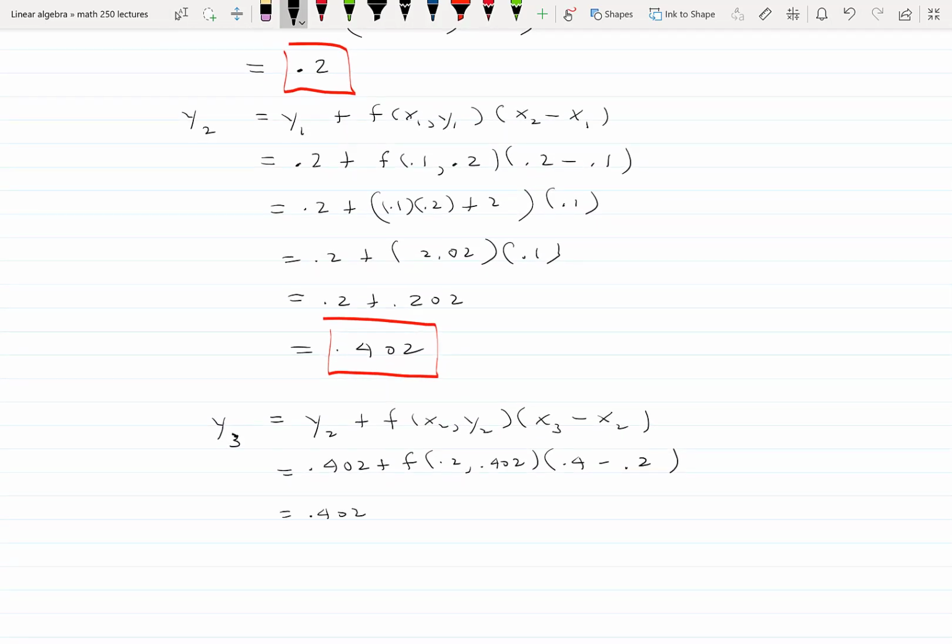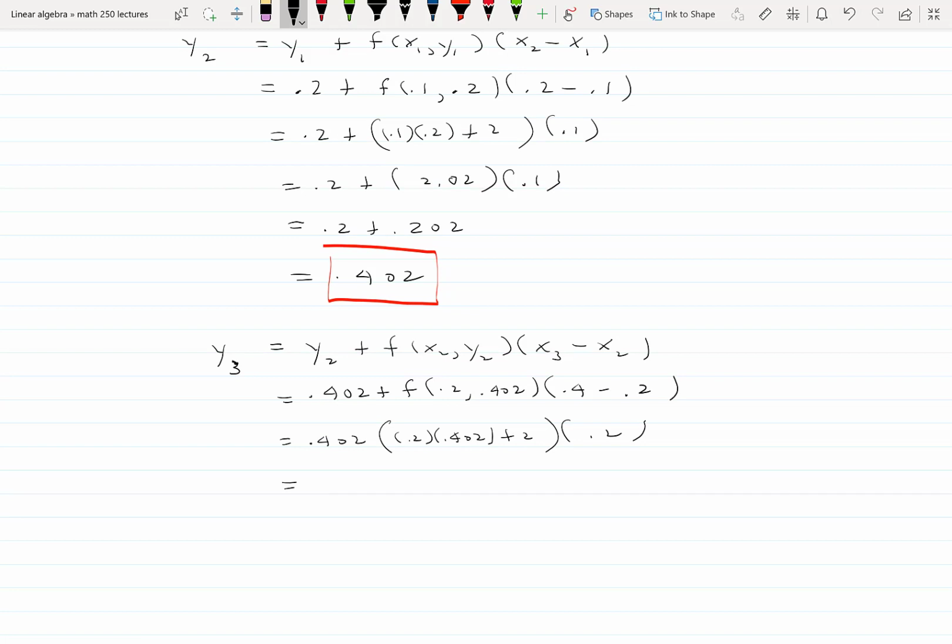Now I have the function f of xy, which is xy plus 2, times 0.2. At this point I used my calculator to get the solution value, because the decimals start getting pretty wild: 3.81808.